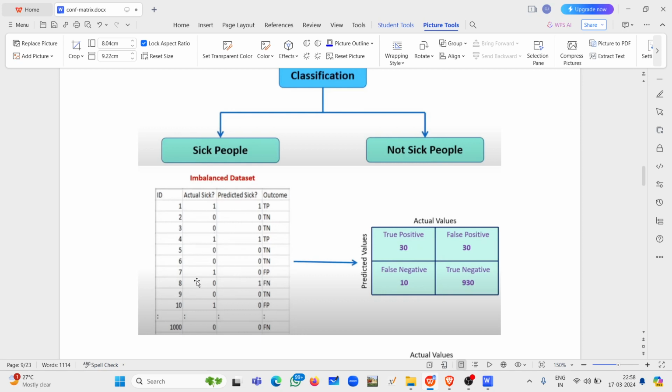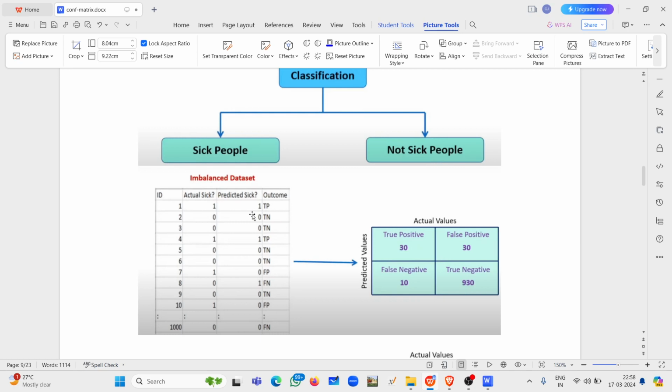If it is actually not sick, but predicted sick, you got it now, this is false positive. If he is actually sick, but predicted not sick, 0, that is false negative.